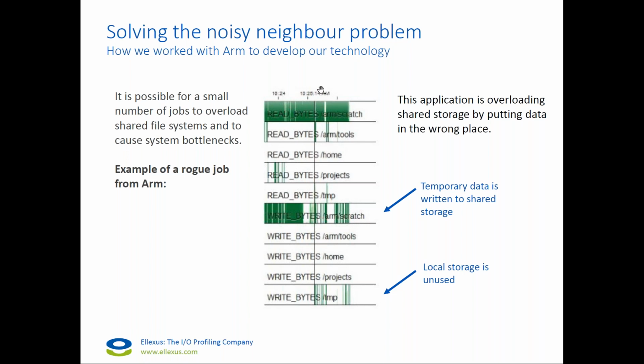So all of that read and write is going over the network unnecessarily and overloading a very expensive Isilon system. And it's slowing down the performance of that Isilon system for all of the users trying to do I/O. So it's a sort of example that's very easy to fix. All they needed to do was to change an environment variable to fix this. And there was a very big win in doing that.